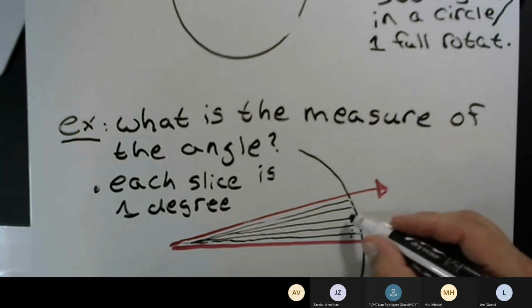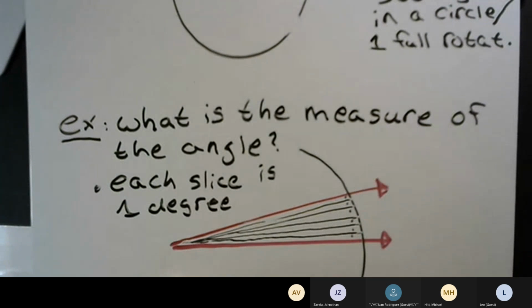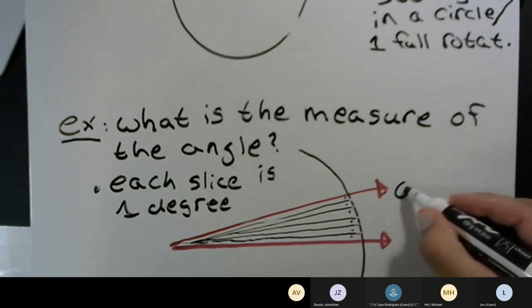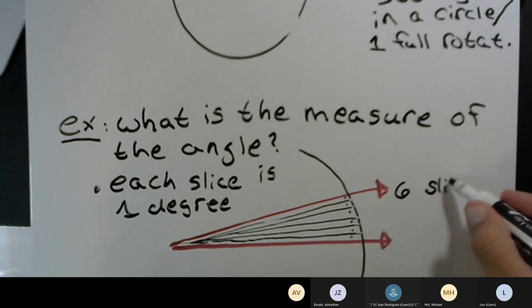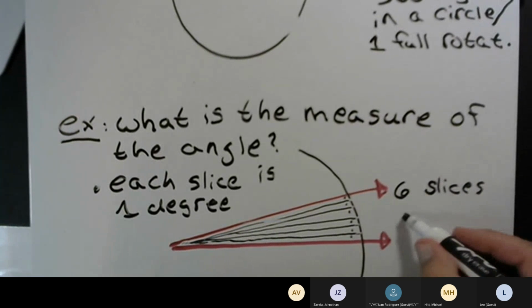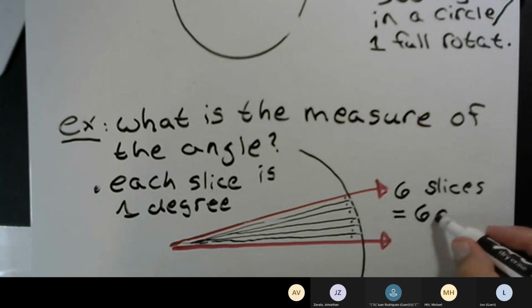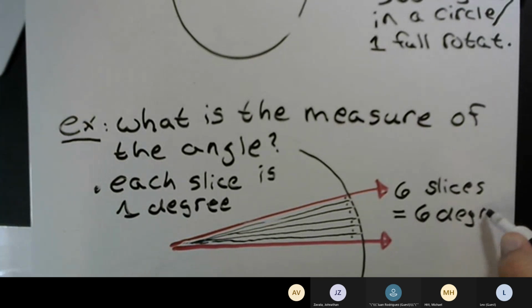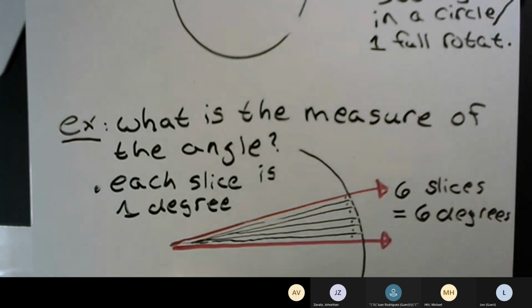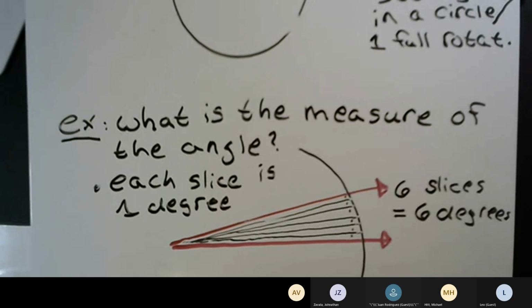There's 1, 2, 3, 4, 5, 6. So 6 slices equals 6 degrees. So that's how degrees work. Any questions about that?